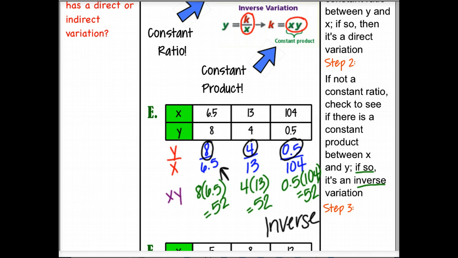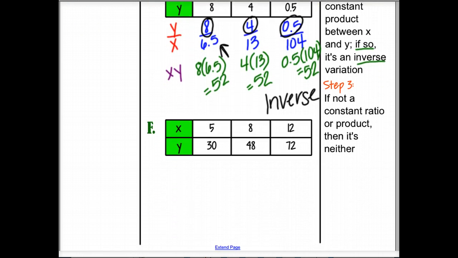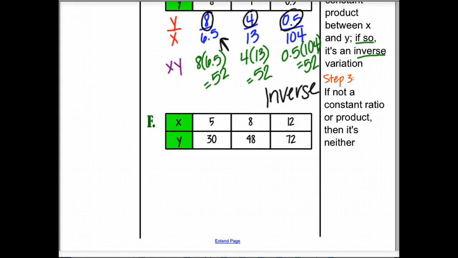Now, some of you might be wondering what step 3 states. Step 3 simply says if it's not a constant ratio or product, then it's going to be neither. Looking at example F, first we're going to start with doing our ratio of y over x. When I do that, I get 30 over 5, which is 6.